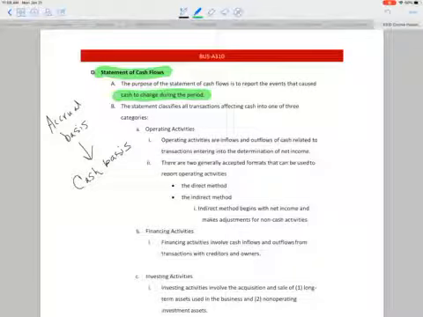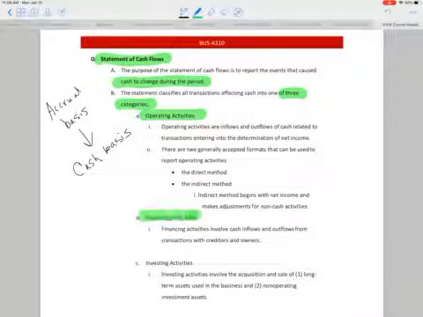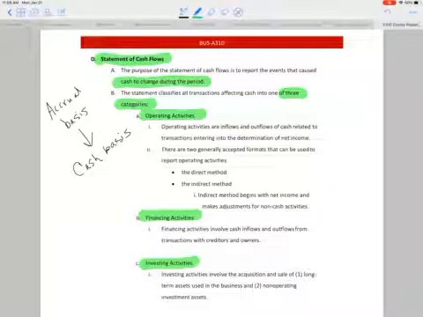And we look at cash through the lens of three categories: operating activities, financing activities, and investing activities. So the operating activities are the inflows and outflows. You'll also see that listed as sources of cash and uses of cash.